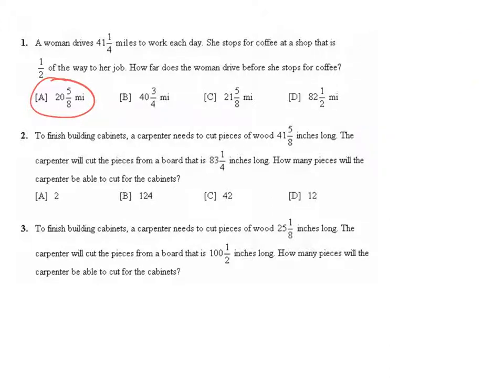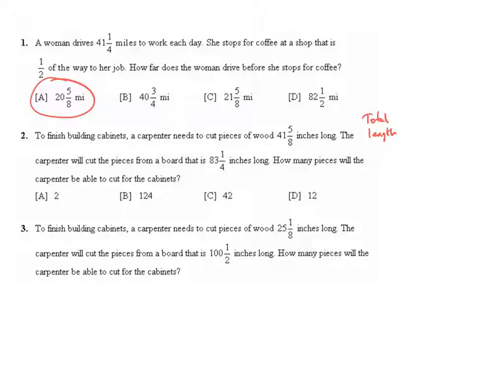Question 2 says, to finish building cabinets, a carpenter needs to cut pieces of wood 41 5/8 inches long. The carpenter will cut the pieces from a board that is 83 1/4 inches long. How many pieces will the carpenter be able to cut for the cabinets? So in this problem, I have my total length.